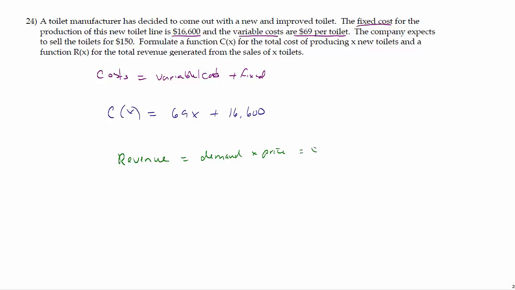And so that will be X times P. X is the demand and P is the price. So up here we're told that they sell the toilets for $150 a piece. So R of X is going to be equal to 150 times X. 150 is our price and X is demand. So these are my cost and revenue functions.